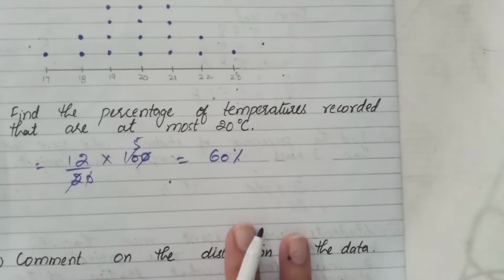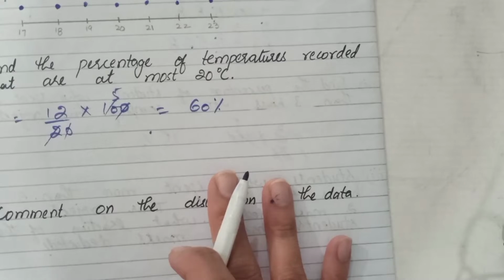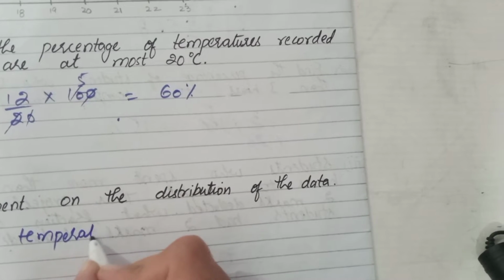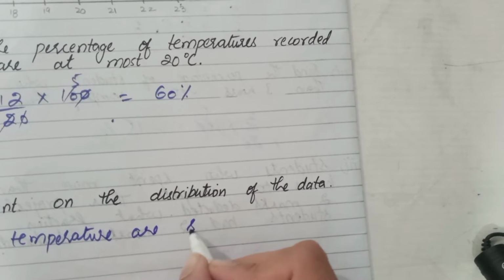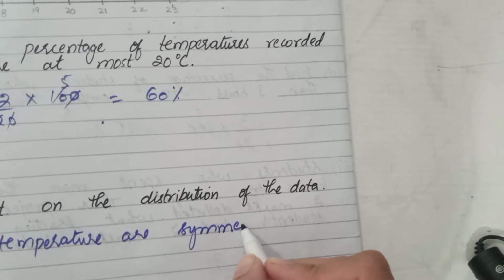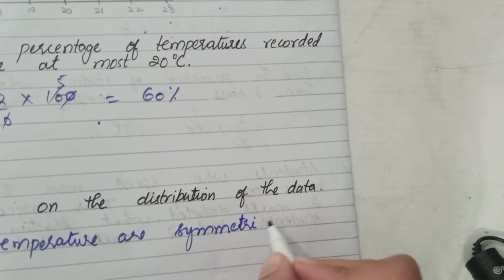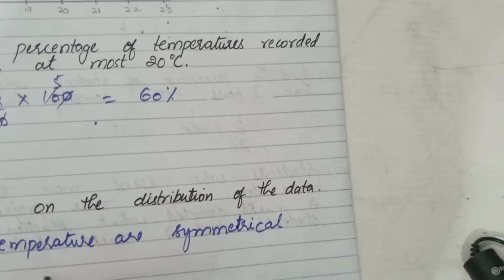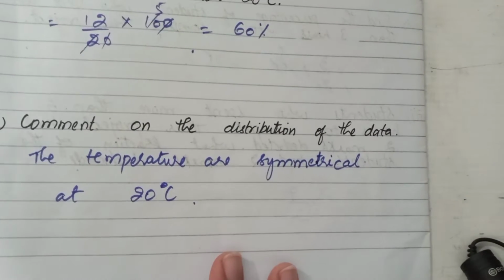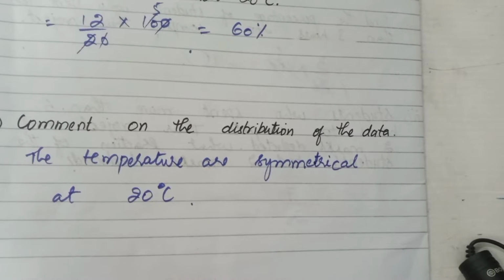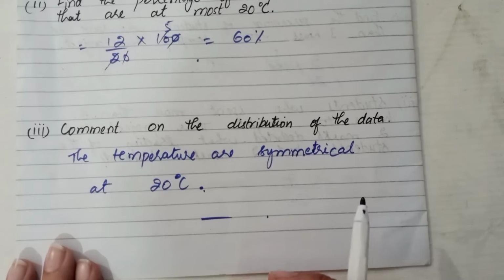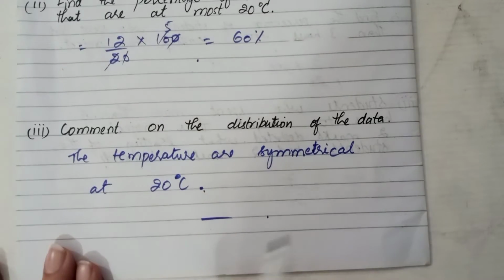That's why we write the comment like that: the temperatures are symmetrical at 20 degrees centigrade. Now students, question number 6 is solved.